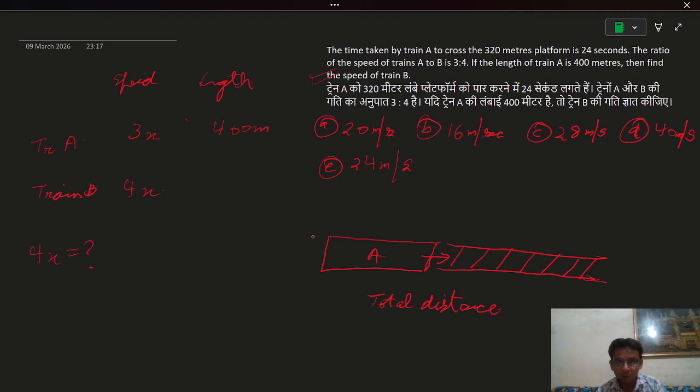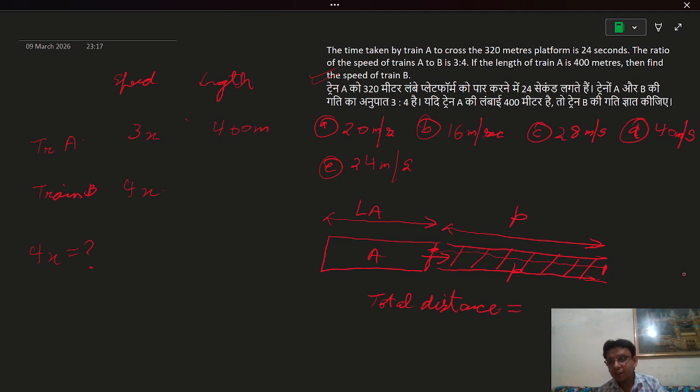Now suppose this is the length of this train, let's say LA, and this is the length of the platform, let's say P. What will be the total distance it will travel? Suppose we consider this point. Moving from here to here, it will travel total distance P. It's true that this point has reached here and crossed the entire platform, but the entire train is still on the platform.